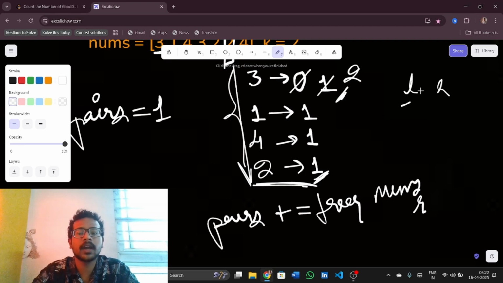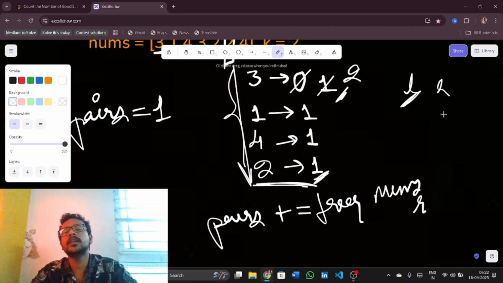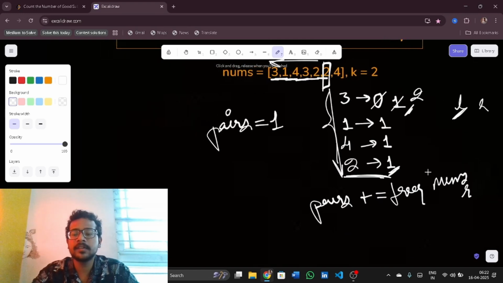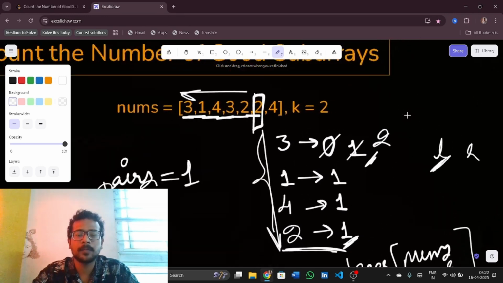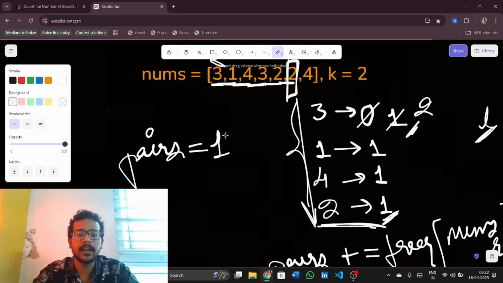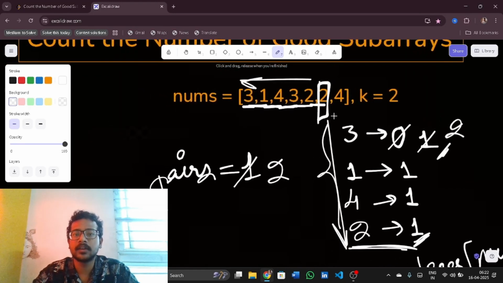I'll tell you why we are choosing left and right in a few seconds. Frequency is nothing but this hash map. Right now pairs are increased to 2. Let me tell you that yes, because here I have 3 and 3.